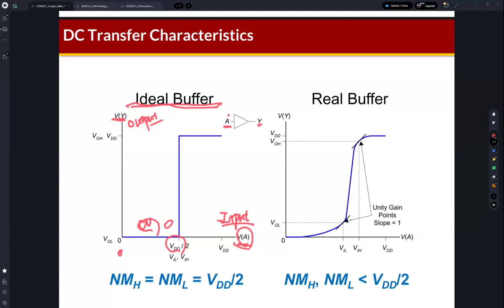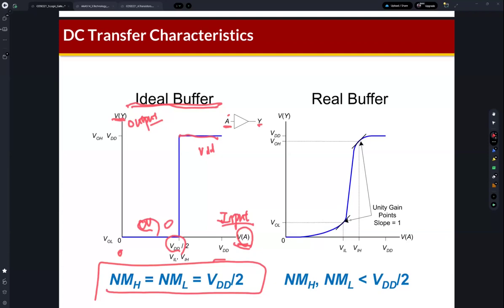And then if the input voltage is in the range from half of VDD to VDD, then the output is perfectly VDD, and then it's orthogonal at this point. So in this case, the noise margin is half of VDD. This is the perfect system, right?